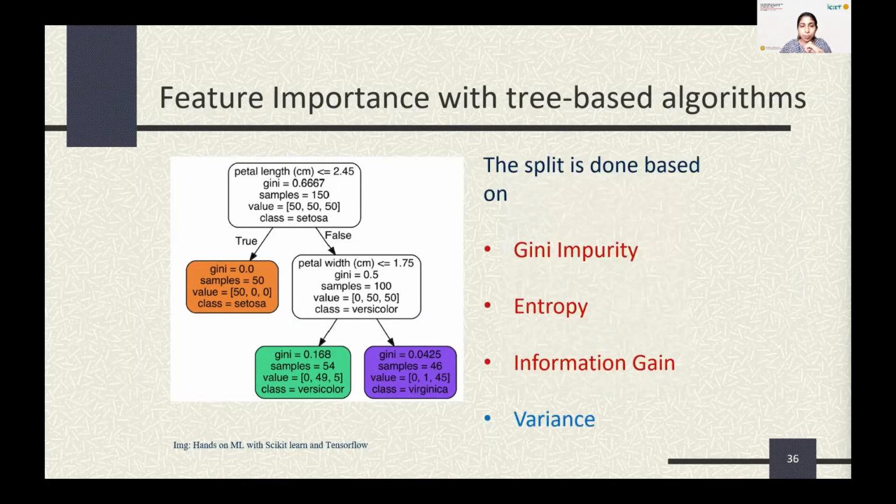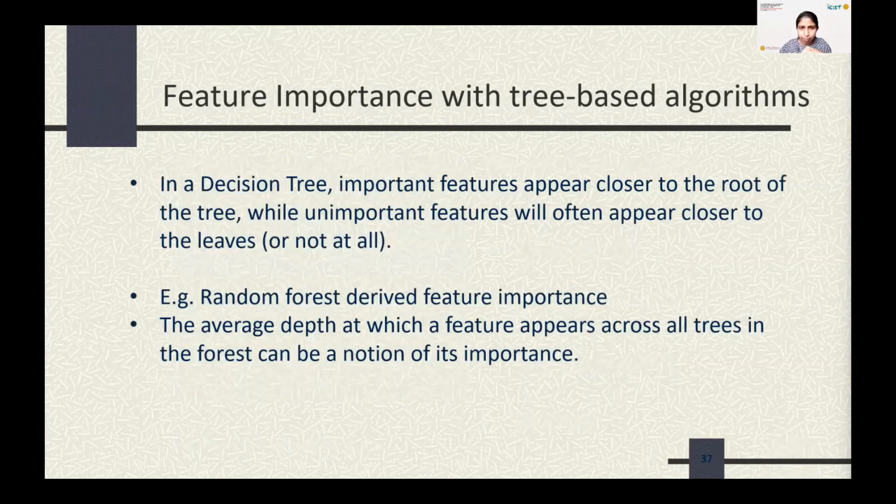In a decision tree or any tree-based algorithm, the split can be done based on different metrics, for example, Gini impurity, entropy, information gain, or variance. Gini impurity, entropy, and information gain are considered for a classification task, whereas variance is considered as a metric when building tree-based algorithms for regression tasks.